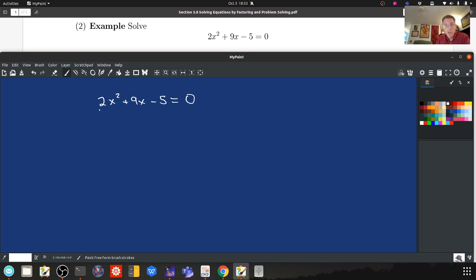That means you have to factor. Now later on in college algebra, you'll get what's known as the quadratic equation. You're not going to get it in intermediate algebra. We must factor.